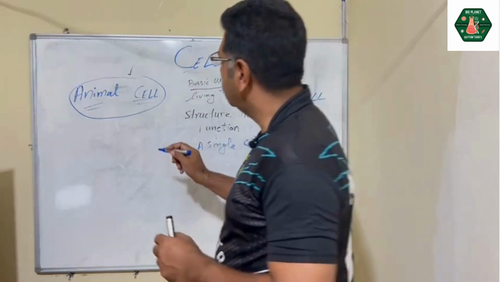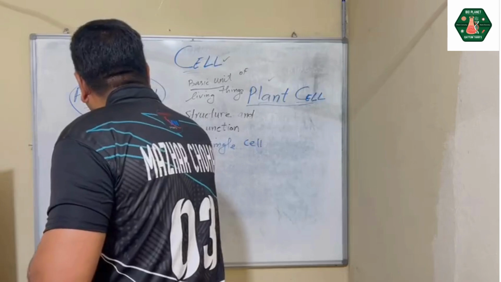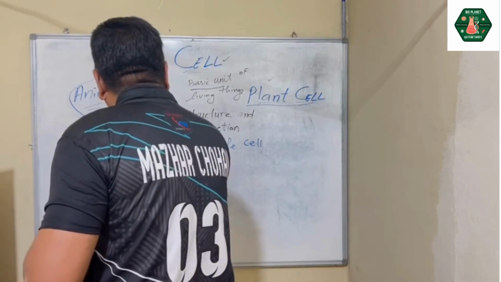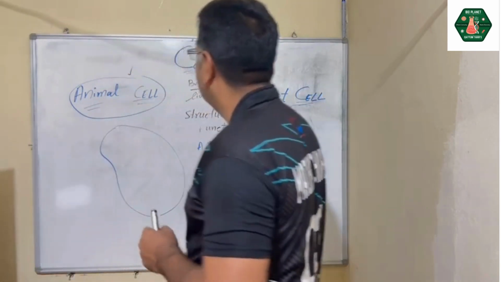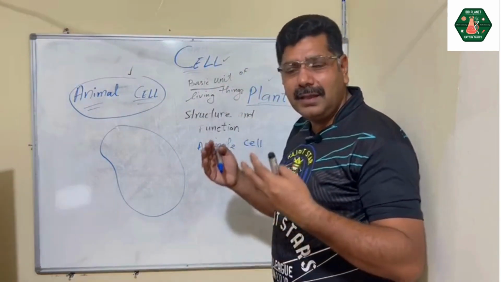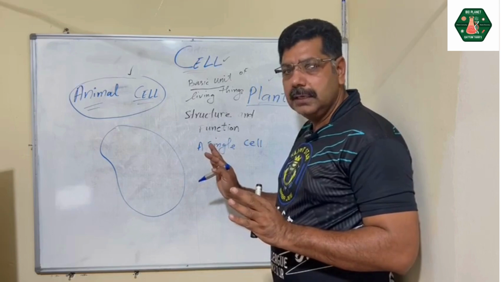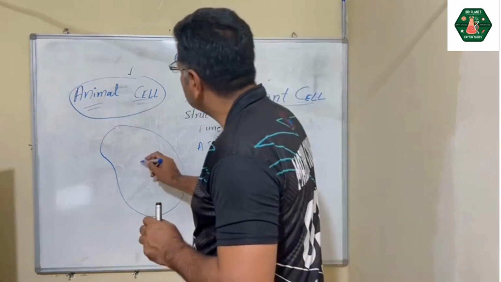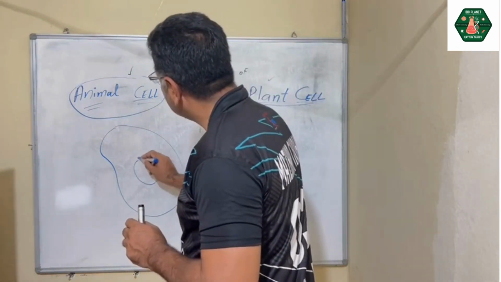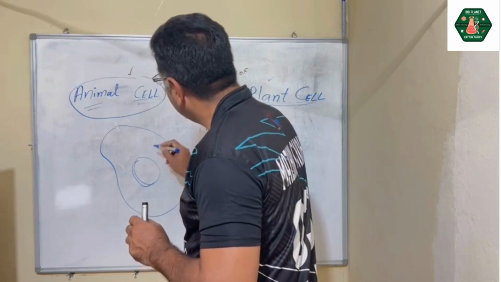Look at the structure of a plant cell and animal cell. The animal cell can be any irregular shape, having inside a central nucleus.